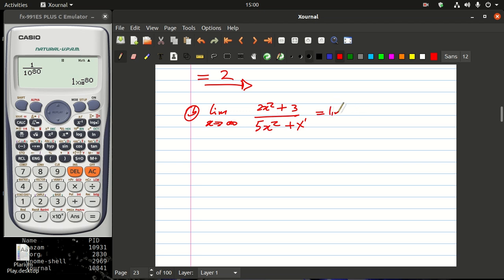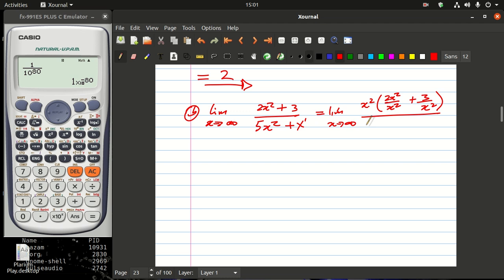So I'm still gonna have the limit as x approaches infinity, and then I'm gonna factor out the highest power. So I will have x squared in the numerator, and then I'm gonna have 2x squared divided by x squared, because I want to factor out that, plus 3 divided by x squared.